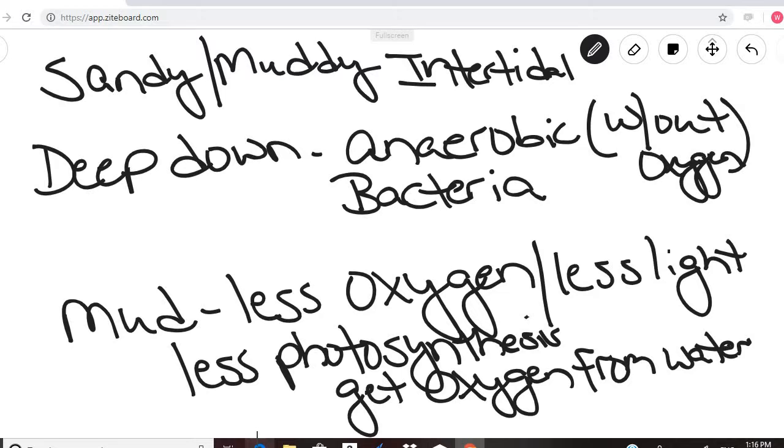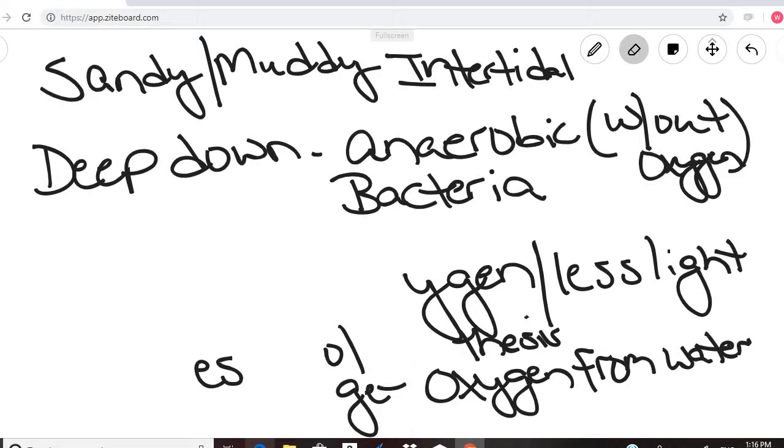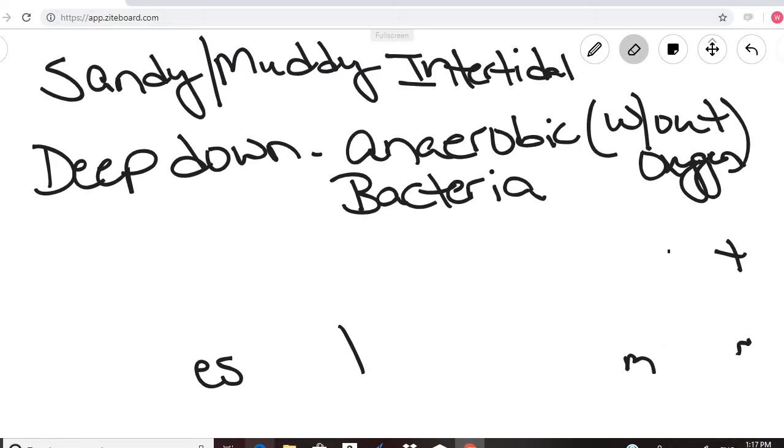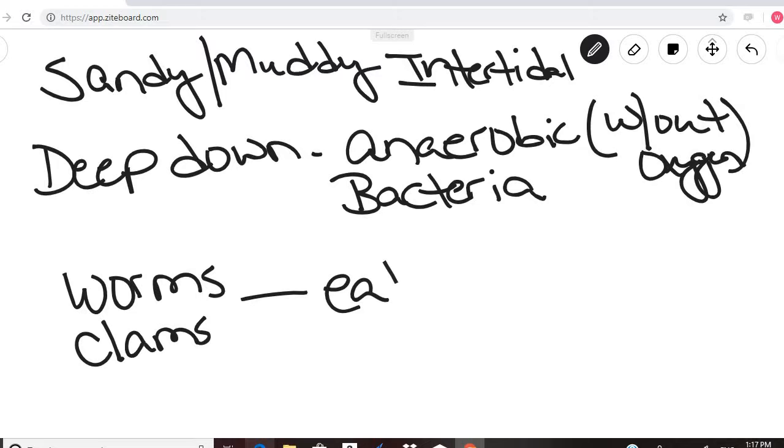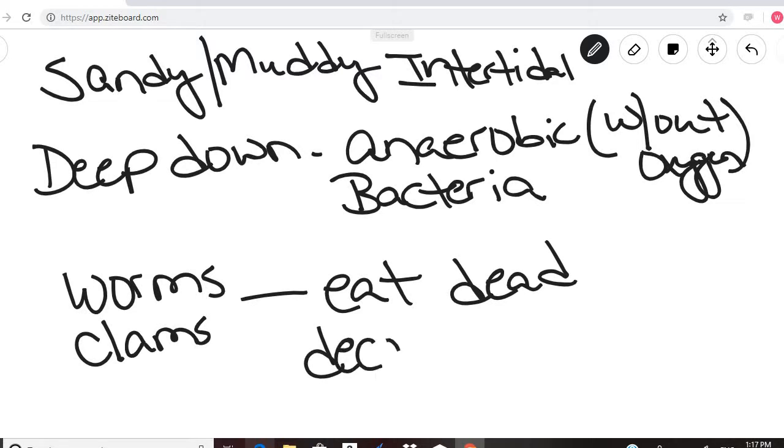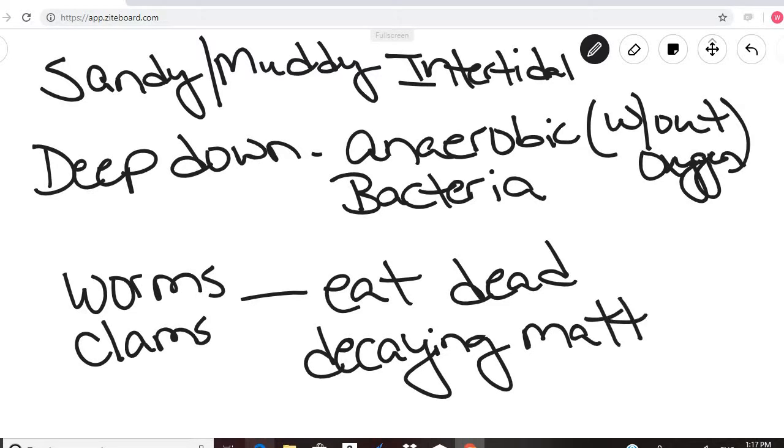Other organisms that are able to live in the mud include some types of worms and clams, and these organisms would eat dead, decaying matter, because they're not going to have a lot of living matter available to them deep down in the mud.